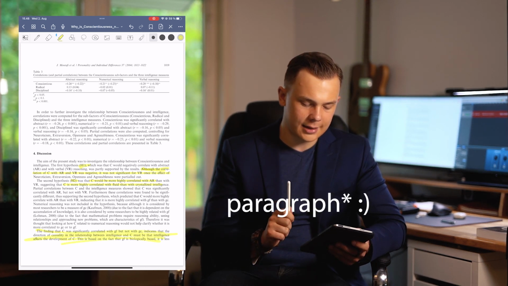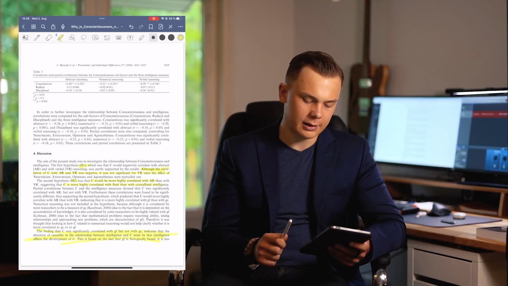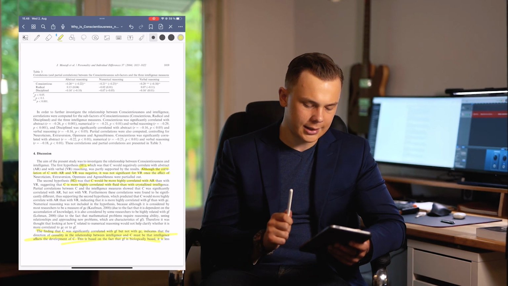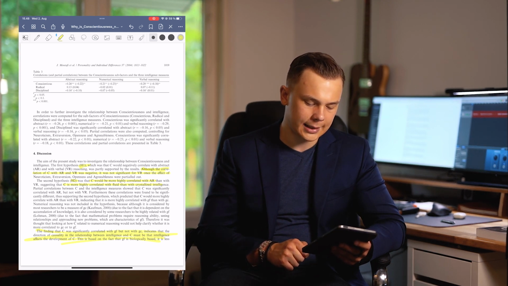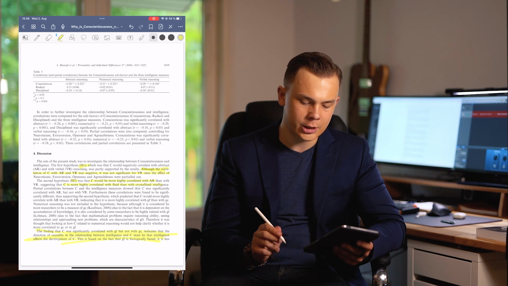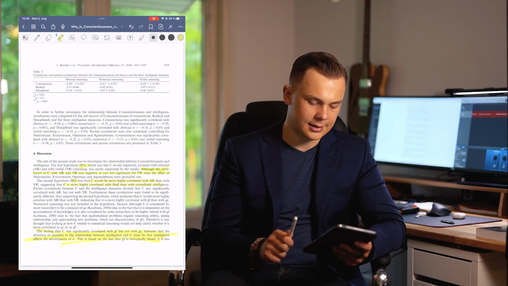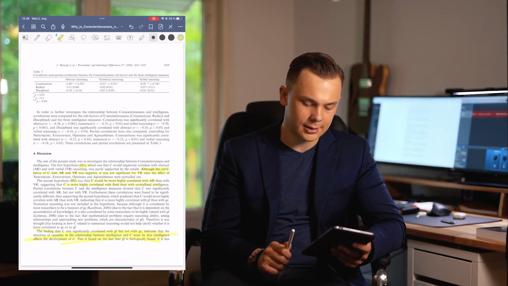So the finding that conscientiousness was significantly correlated with fluid intelligence but not with crystallized intelligence indicates that the direction of causality in the relationship between intelligence and conscientiousness must be that intelligence affects the development of conscientiousness.